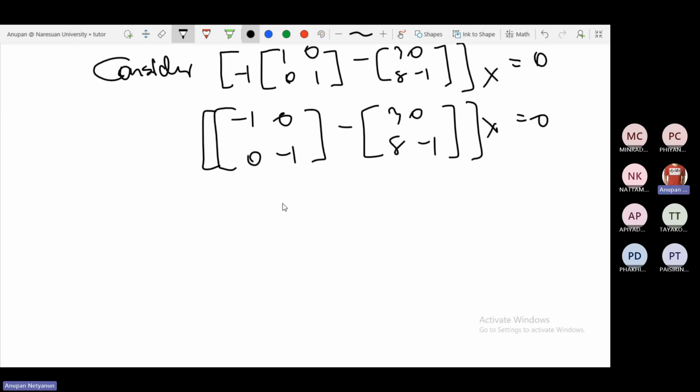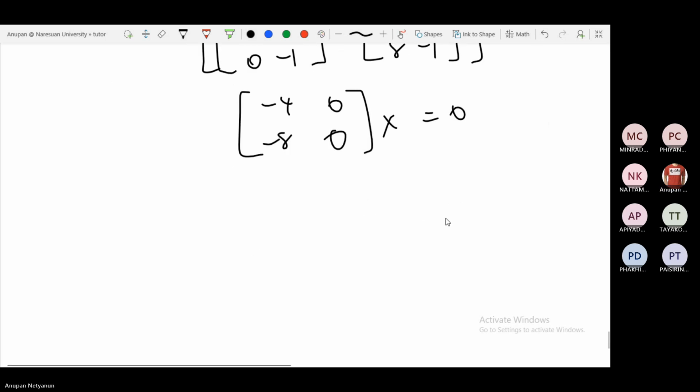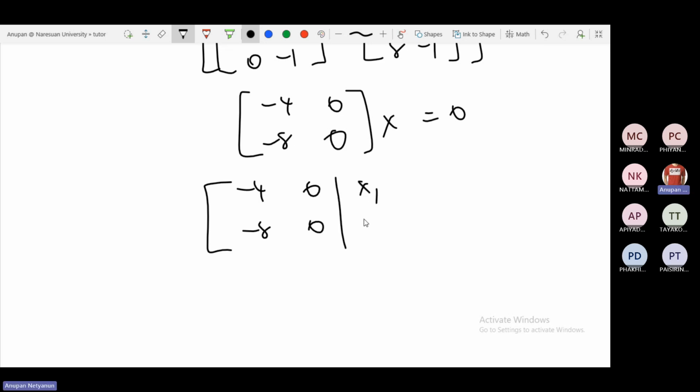Negative 1 minus 3 becomes negative 4, 0, negative 8, and negative 1 minus negative 1 becomes plus, so you have 0. Times x equals 0. You want to solve this for x, so you write it in matrix form, where x is x1, x2, equals 0, 0.